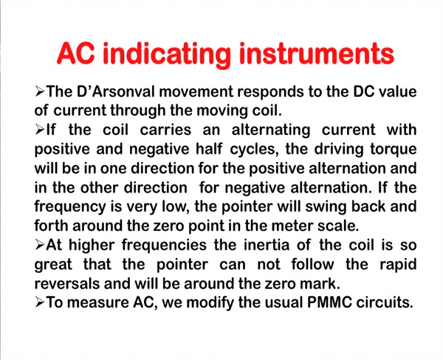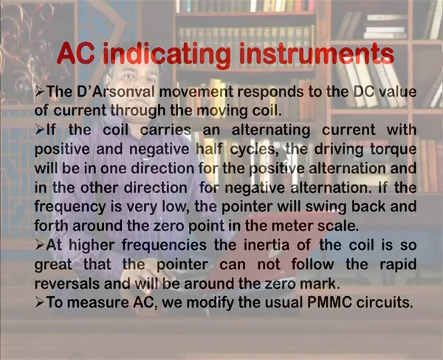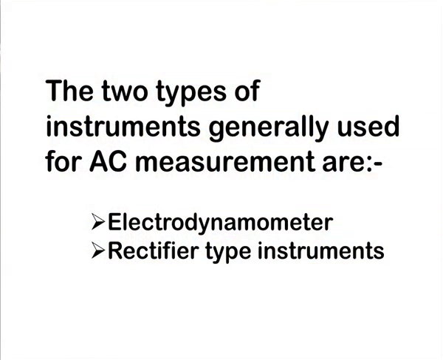So, we slightly modify the PMMC meter by removing the permanent magnet, and we use the coils such that the measuring current itself produces the magnetic field, instead of the magnetic field being produced by the permanent magnets. So, as far as measurement of AC is concerned, we use two types of meters.